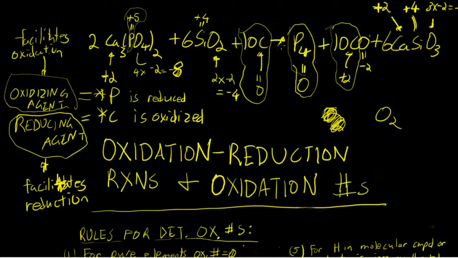Similarly, this carbon here is sitting by itself, and it has an oxidation number of 0. But when it bonds to oxygen, oxygen's going to hog its electrons, and carbon's going to become more positive than it was. So in effect, carbon is losing electrons, so it's oxidized. But in losing those electrons, you can think of it like it giving electrons to whatever is being reduced, in this case phosphorus.